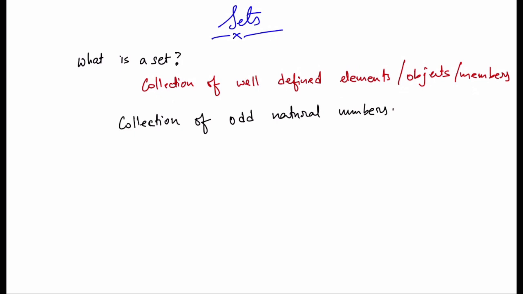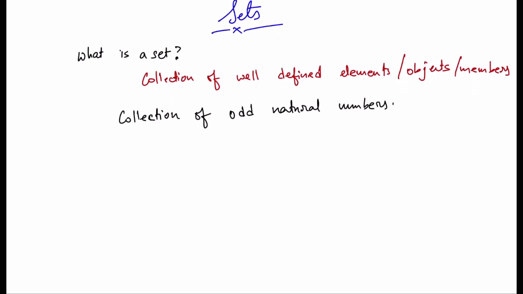So the first odd natural number is 1. After that, the odd natural number is 3, then again 5. Next is 7, then it goes on. So the collection of all those odd natural numbers will be called a set of odd natural numbers. This collection is also called a set.